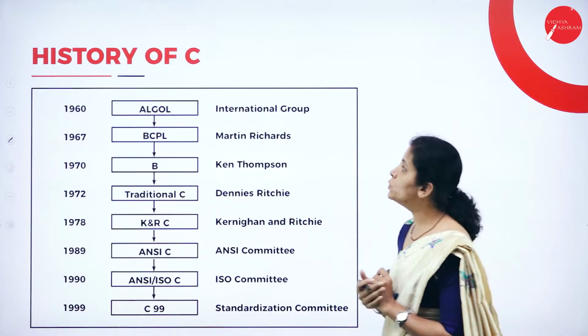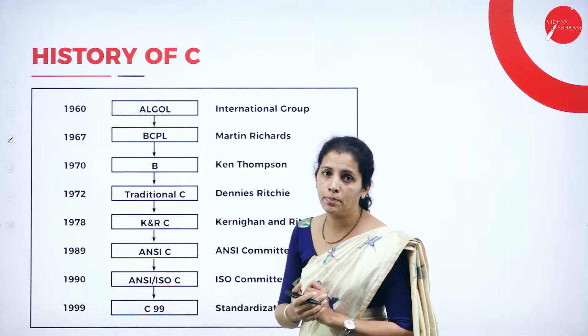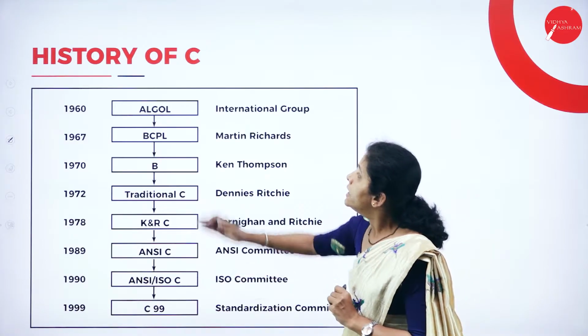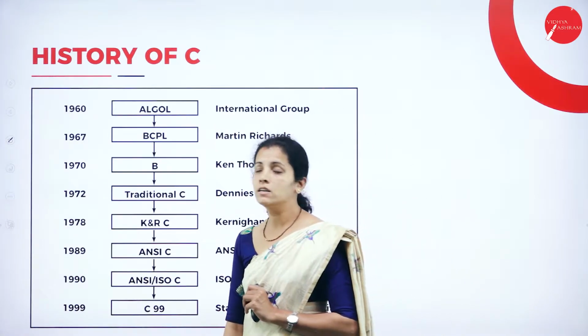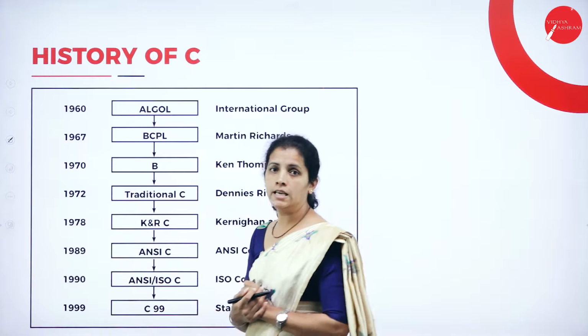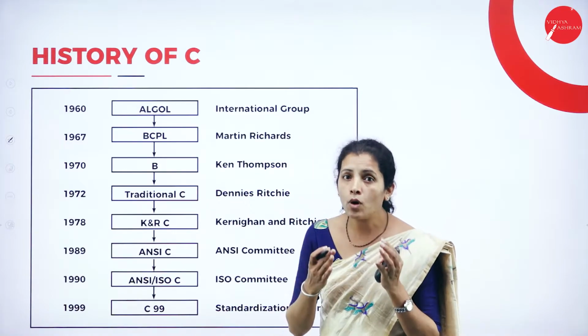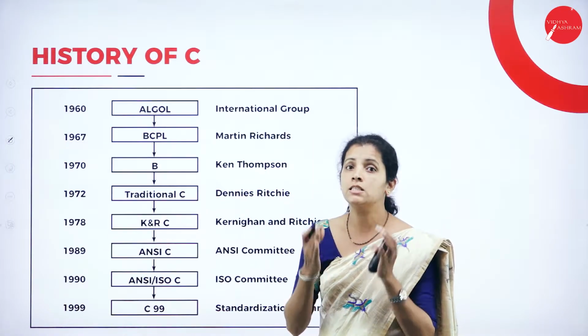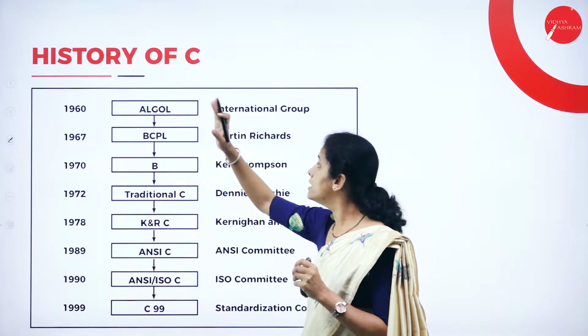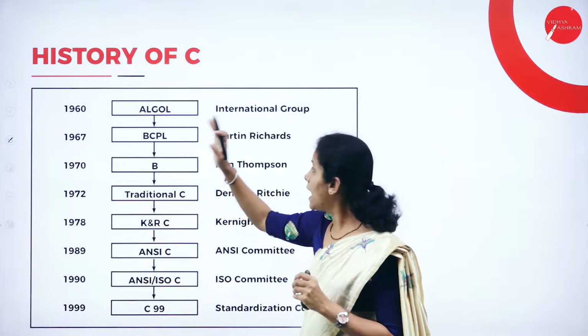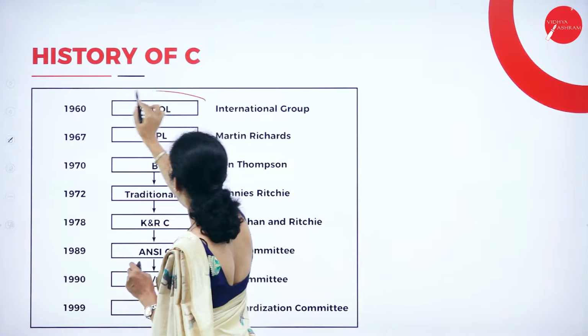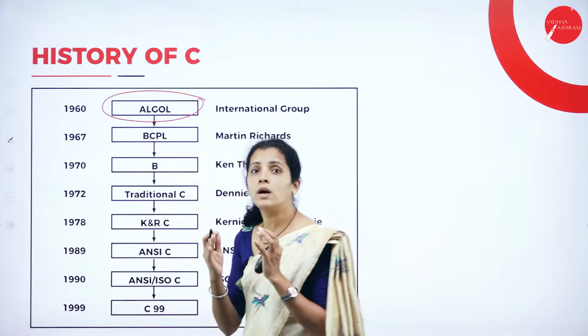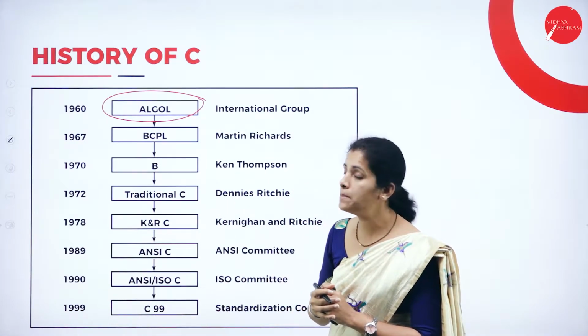Now moving on to the history of C. It started in the year 1960. That means the programming language started in the year 1960. And what kind of programming language? What is the programming language name here?